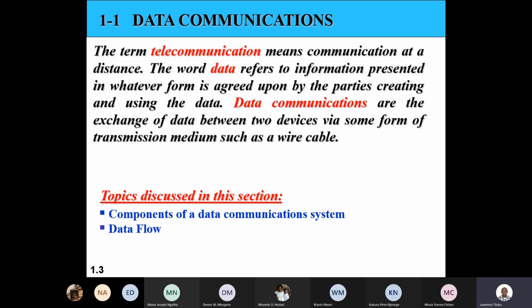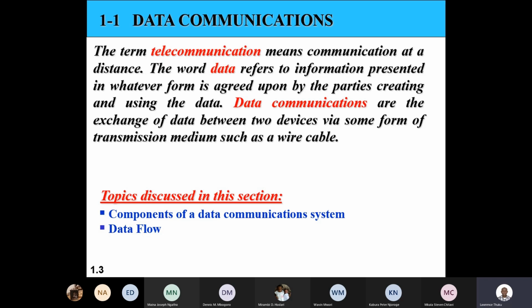This connection must be via a transmission medium, such as a wire cable, satellite, microwave transmission, Wi-Fi or even Bluetooth technology.